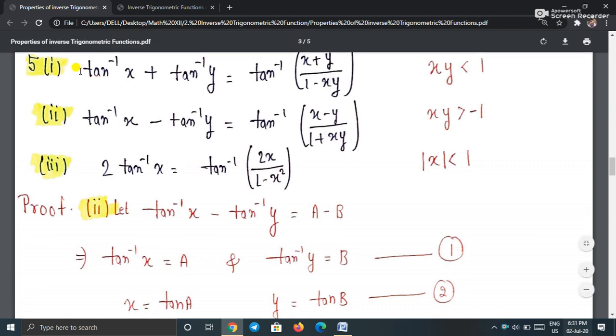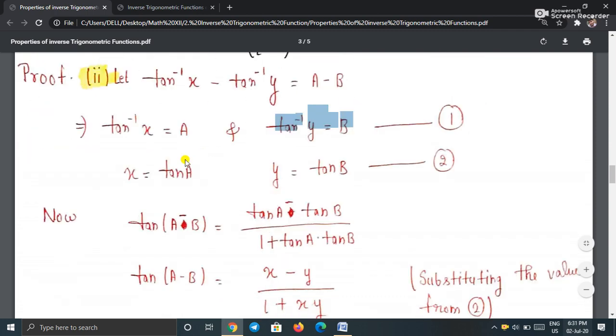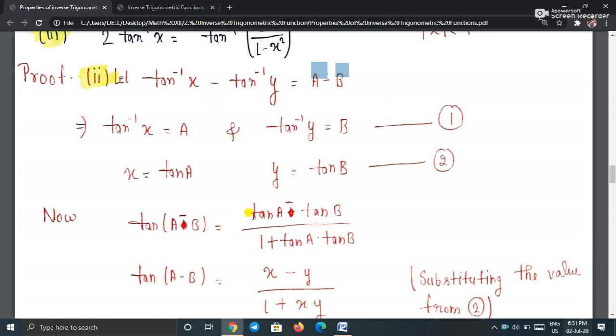For this, first of all change these two functions in circular. So let us suppose that tan inverse x is equal to a and tan inverse y is equal to b. Then by using the property of inverse function x is equal to tan a, y is equal to tan b. You have to prove the formula for a minus b. Okay, so apply the formula for circular trigonometric function: tan(a minus b) is equal to tan a minus tan b upon 1 plus tan a into tan b. Simply substitute the value of tan a and tan b.